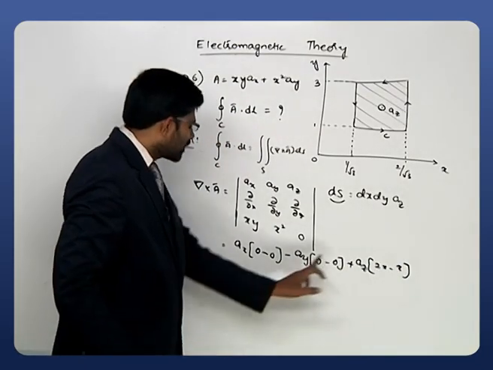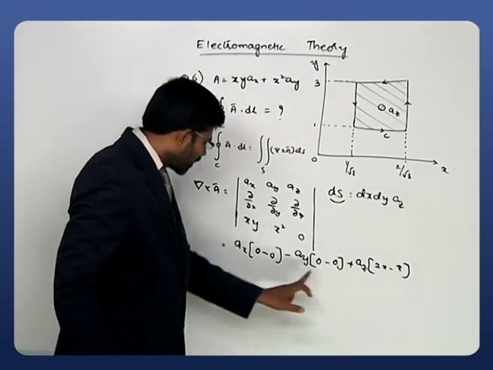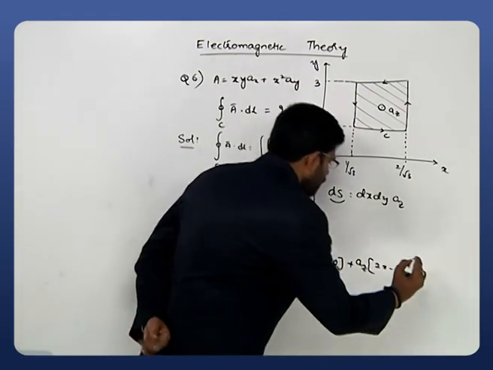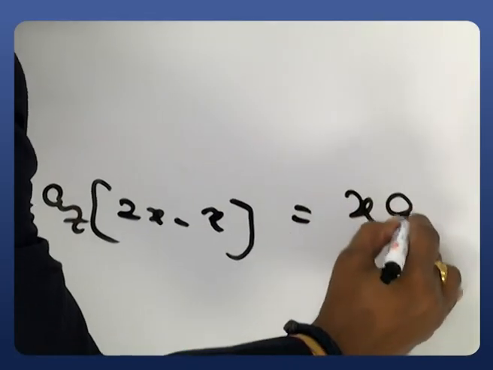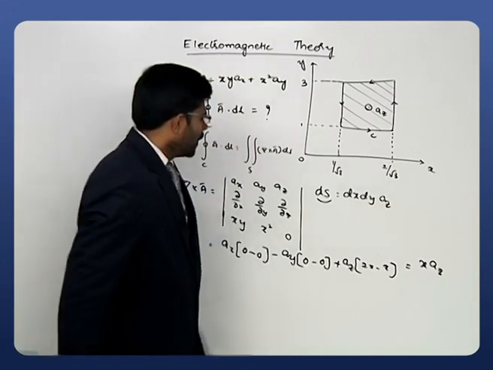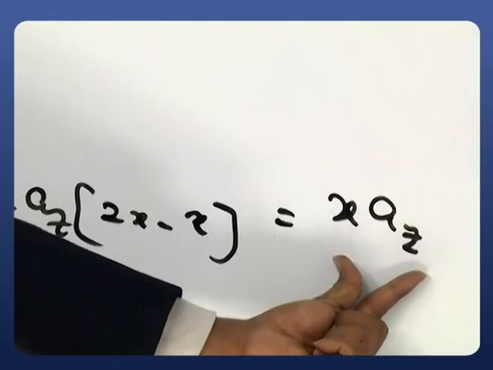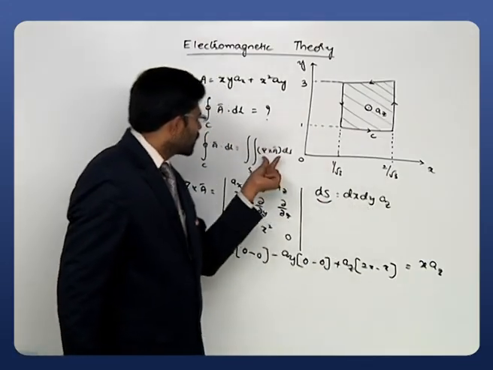So if you take this curl, most fortunately we are getting 0 for the first two, and the last one is just x az.